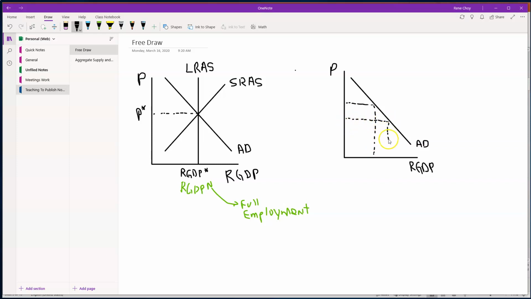Imagine that I'm here at point 1, and then I want to go to point 2, let's call it.